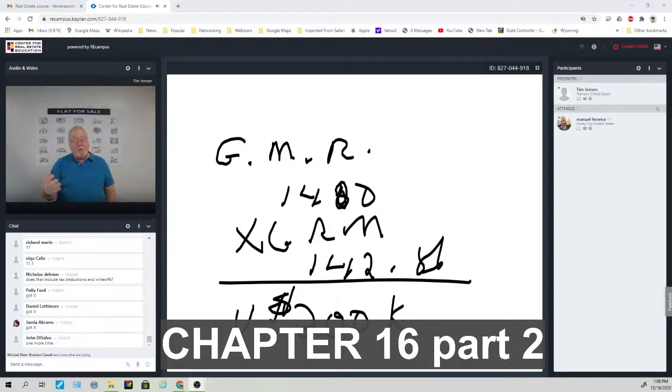How much gross rent, before vacancies or anything, is produced on a monthly basis? That's my gross monthly rent. That's the number I want to know, because if I know the gross rent multiplier, I can take the gross monthly rent, multiply times the gross rent multiplier, and determine a value of $200,000. That's how they do that.